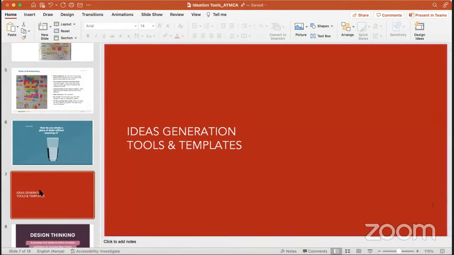Yeah, so for today, our focus is going to be on the tools that we actually use within the ideation process. So these tools basically help you or guide you through that process of coming up with the ideas and the concepts.